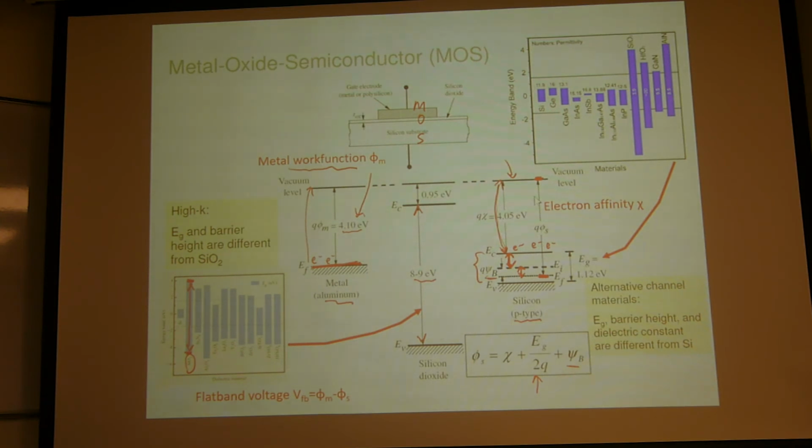So three segments, from this vacuum level down to the EF: first the electron affinity, second the half of the band gap, and third this phi b. So this is the phi s.